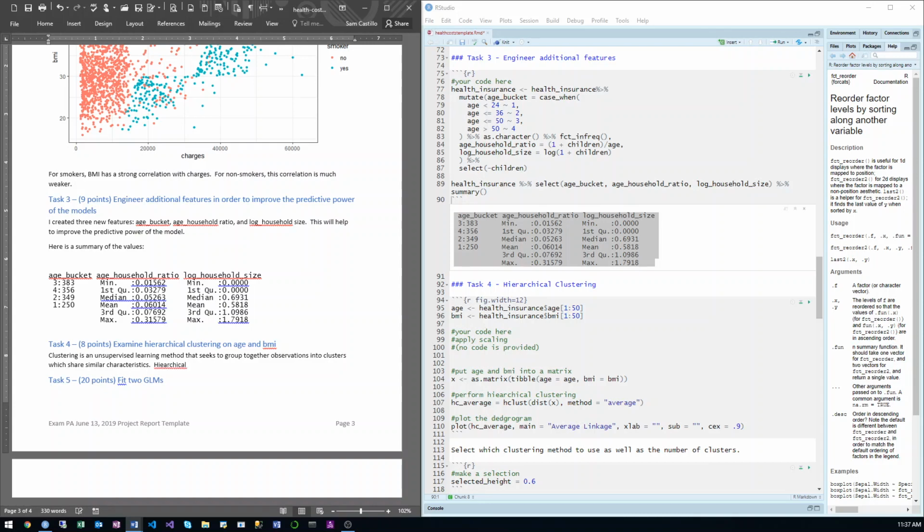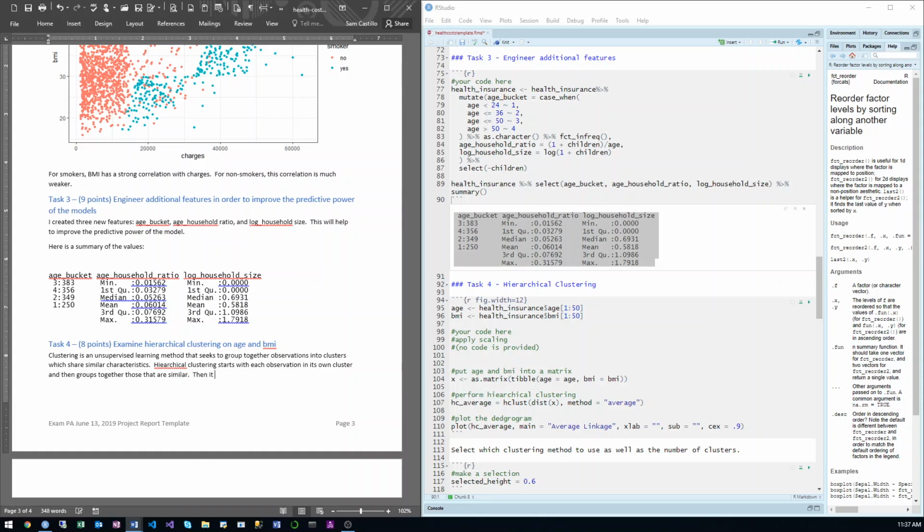Hierarchical clustering starts with each observation in its own cluster and then groups together those that are similar.